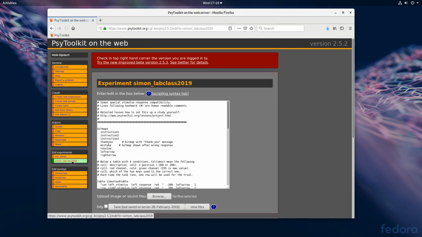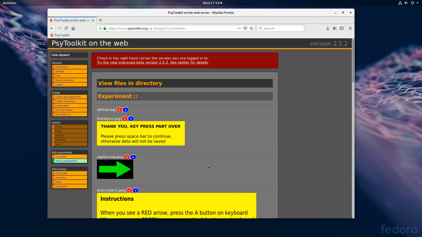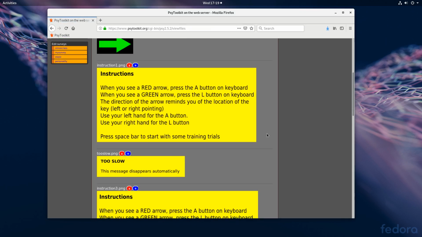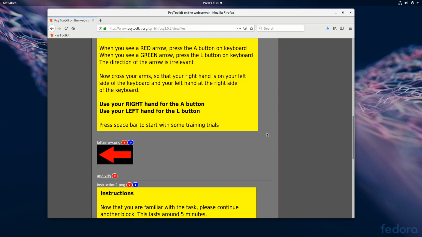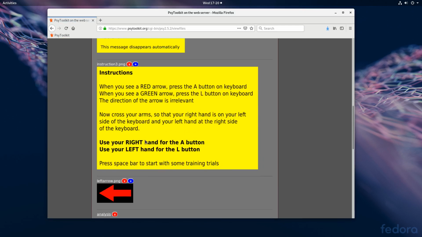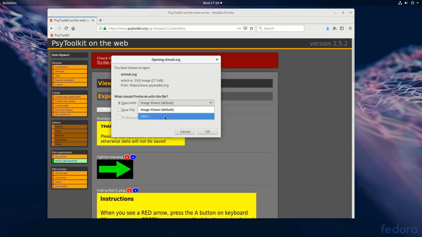If I go to my experiment and I want to see the pictures, I can click on View Files, and then I see all the images that are available in the experiment. Now these are bitmap files, so you can use these. What you can also do, in principle, is open the file stimuli.svg.